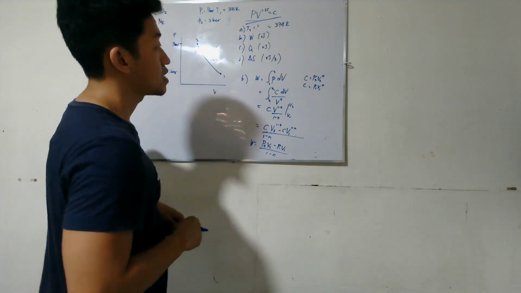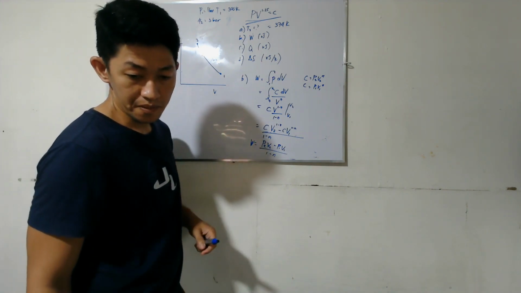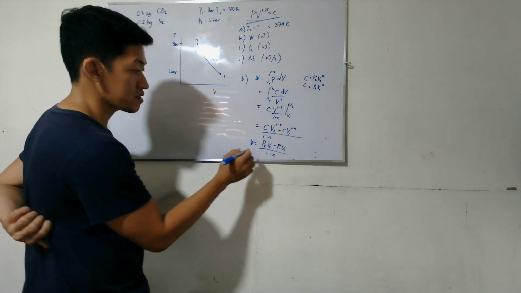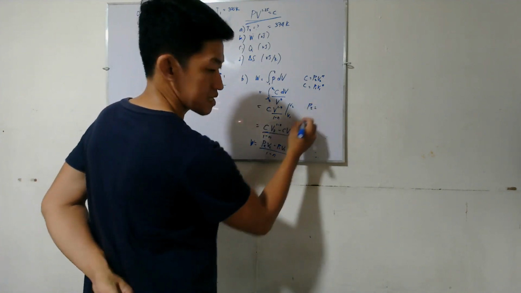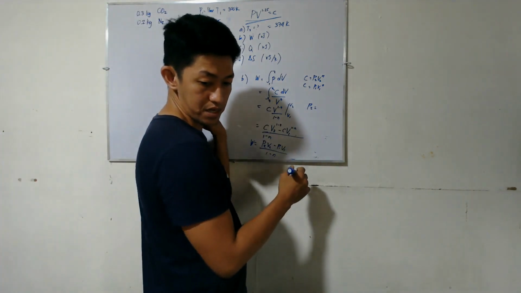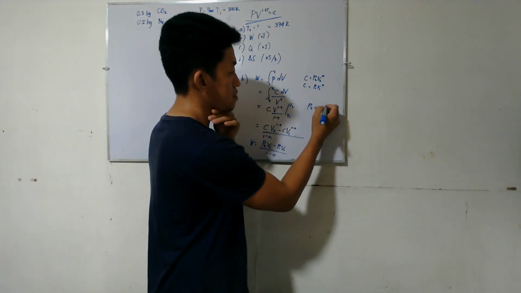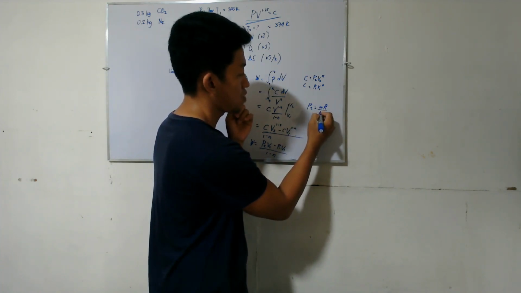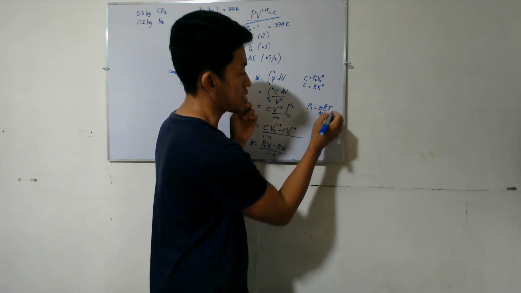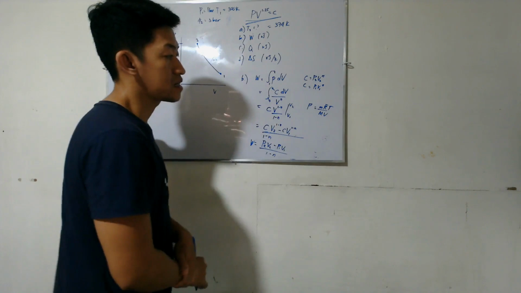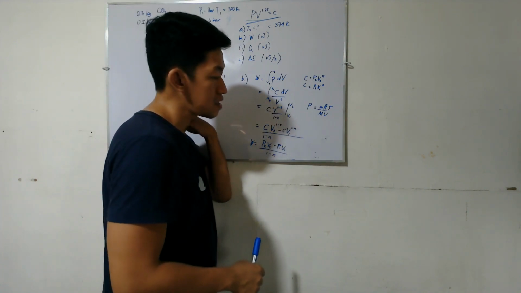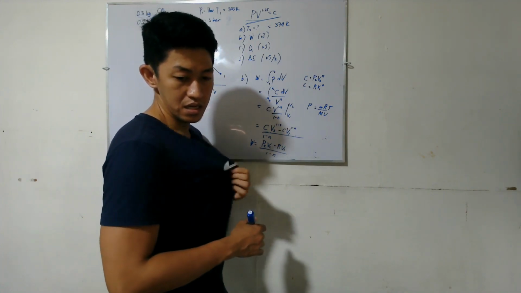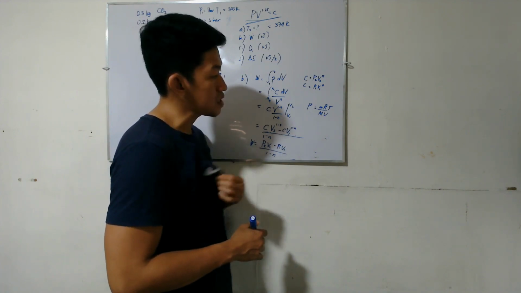Again, we don't have the volume. Using the ideal gas equation, PV is just equal to mRT, where R is the gas constant of the mixture.